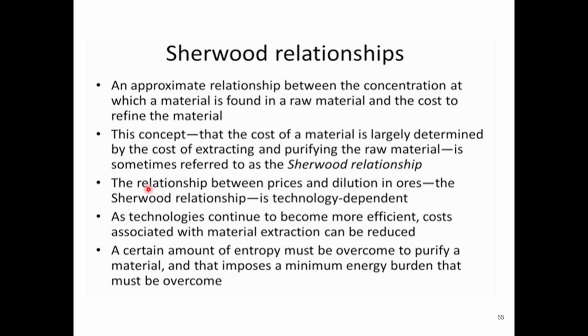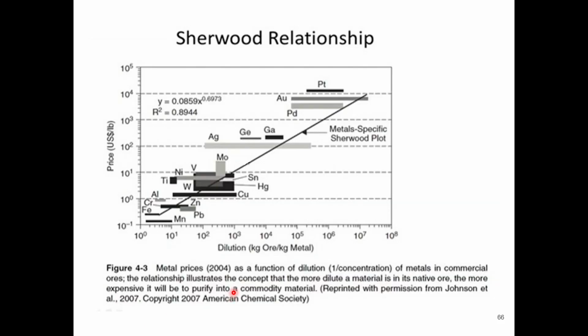The relationship between prices and dilution in ores, the Sherwood relationship, is technologically dependent. As technologies continue to become more efficient, costs associated with material extraction can be reduced. A certain amount of entropy, that is energy, must be overcome to purify a material, and that imposes a minimum energy burden that must be overcome. So this is basically the Sherwood relationship.